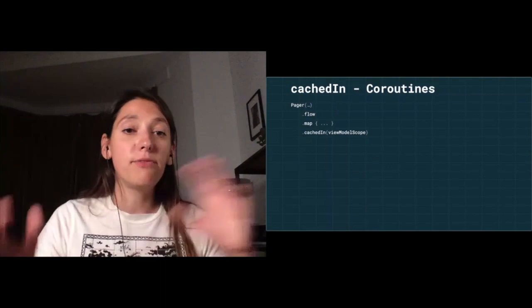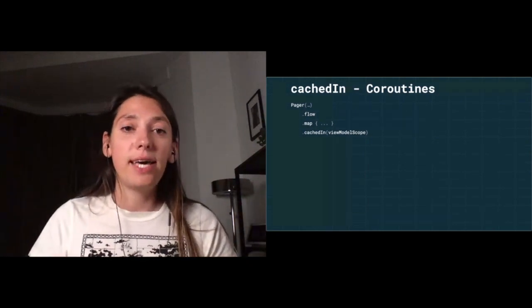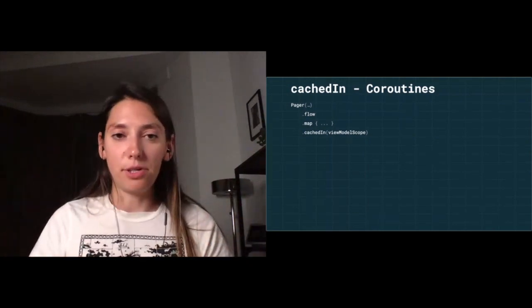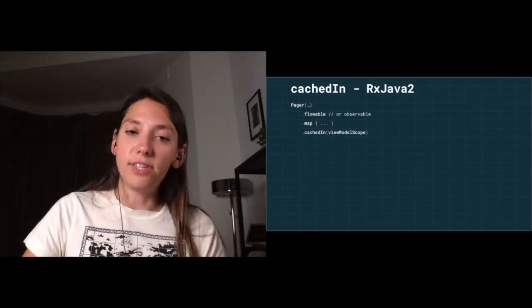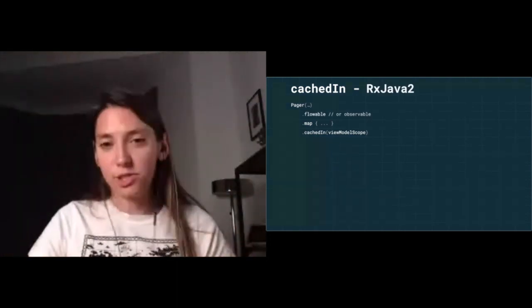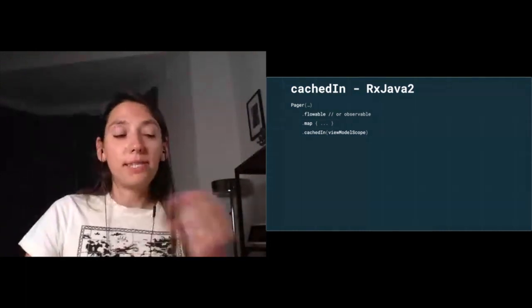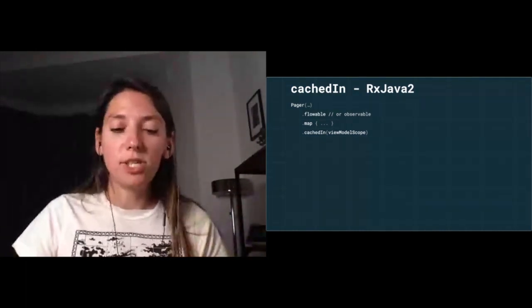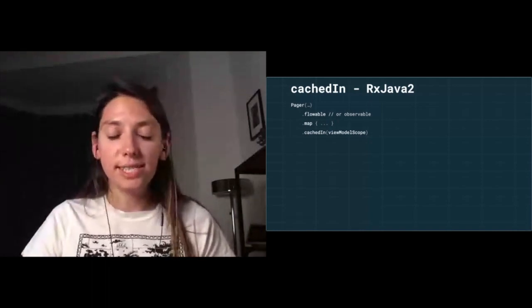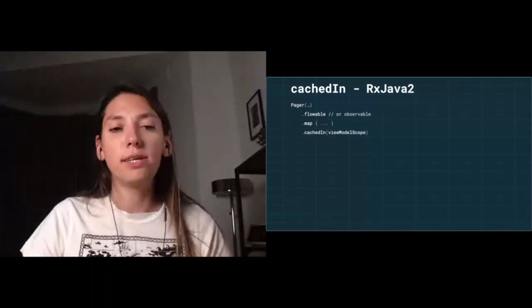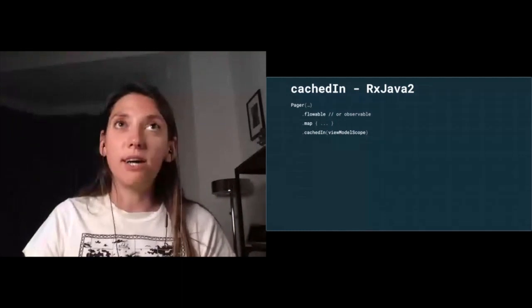So if you're using Kotlin coroutines, then you have to cache the data in the viewModel scope. If you're using RxJava, you'll also have to use the viewModel scope for caching data. So by default, because paging depends on Kotlin coroutines and flow, it means that it will also bring the coroutines artifacts with it.